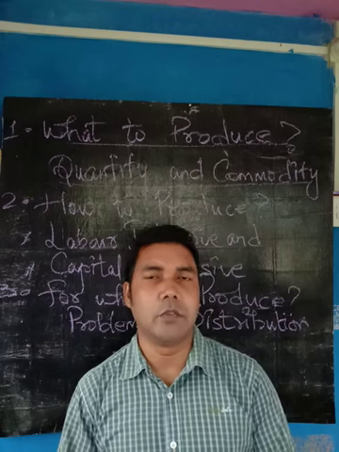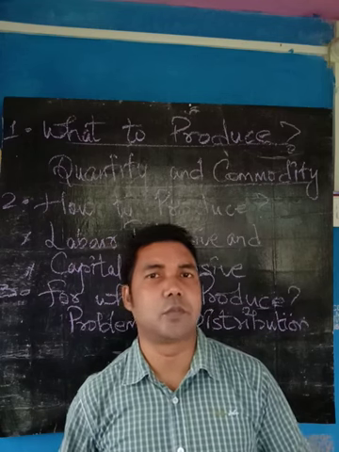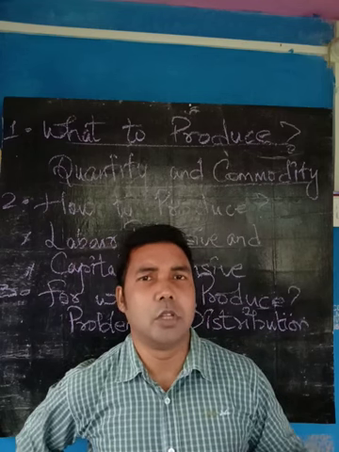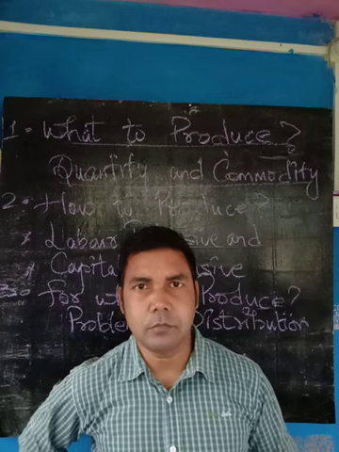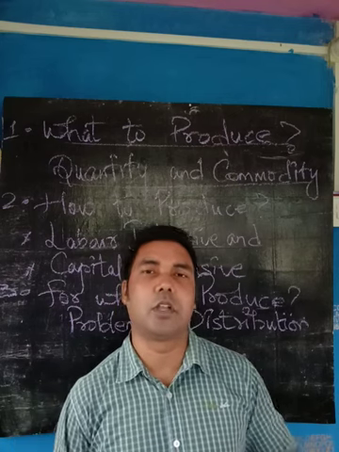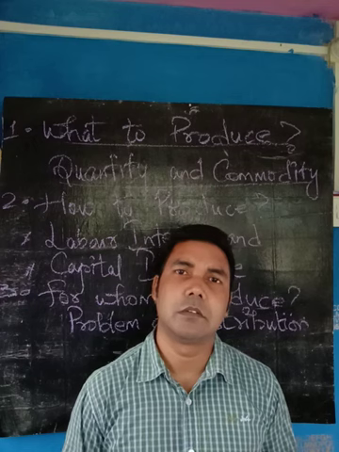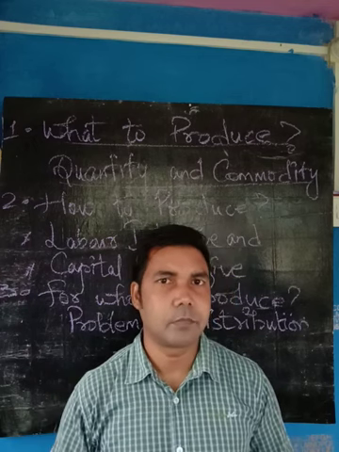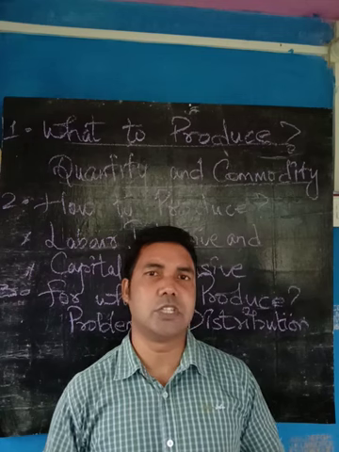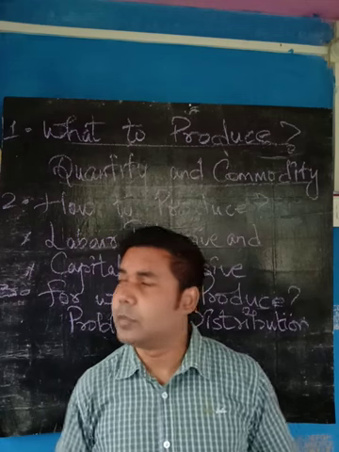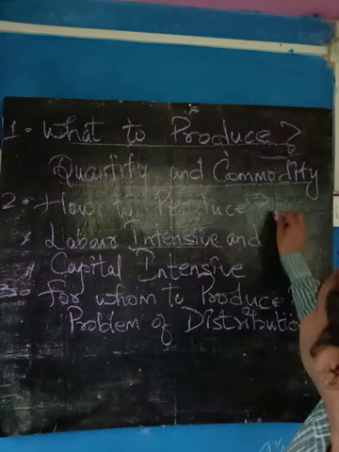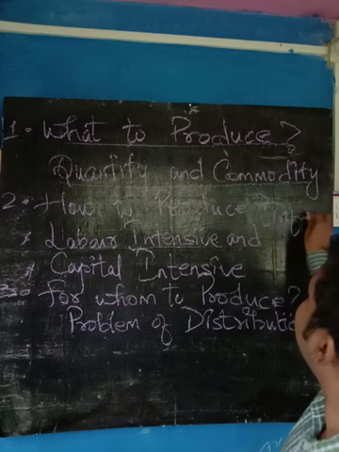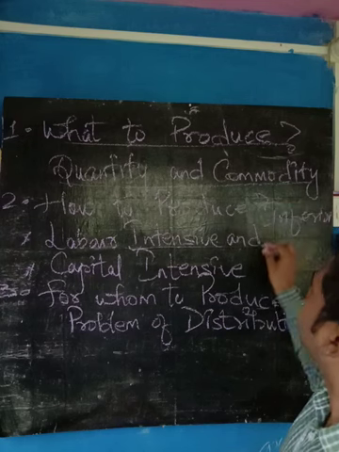If the goods are produced for the lower class, then those goods won't be consumed by the richer class, because the goods consumed by the lower class are which goods? Inferior goods.